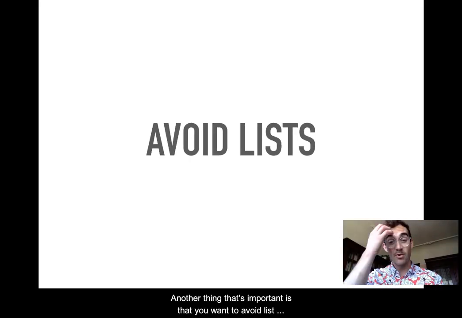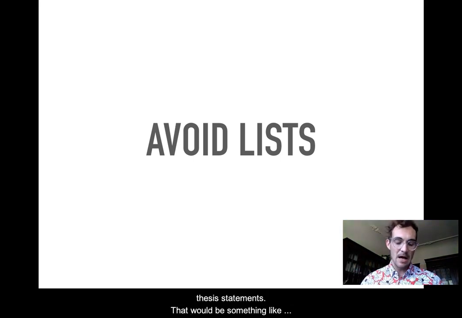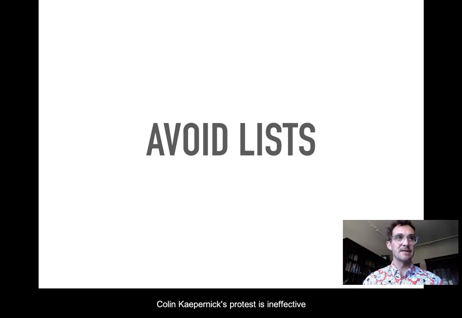All right. Another thing that's important is that you want to avoid list thesis statements. That would be something like, Colin Kaepernick's protest is ineffective because it's distracting, disrespectful, and arrogant, period. Let's say that that's my argument.